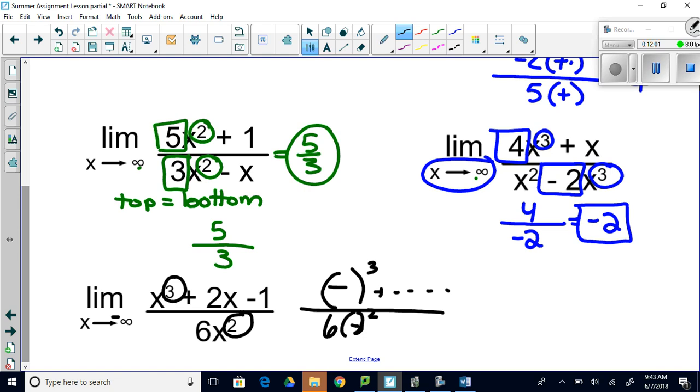A negative squared is positive, so we're going to have a positive number in the bottom, but on top we have a negative cubed, and a negative cube is negative. So negative divided by a positive is a negative. So that sign in front of this infinity does matter. That controls whether it's a positive or a negative number getting plugged in for x.